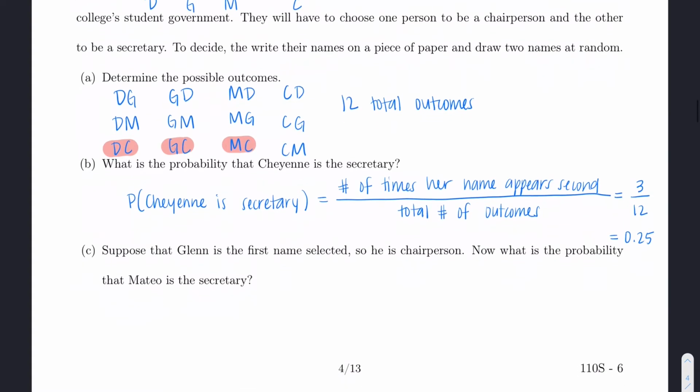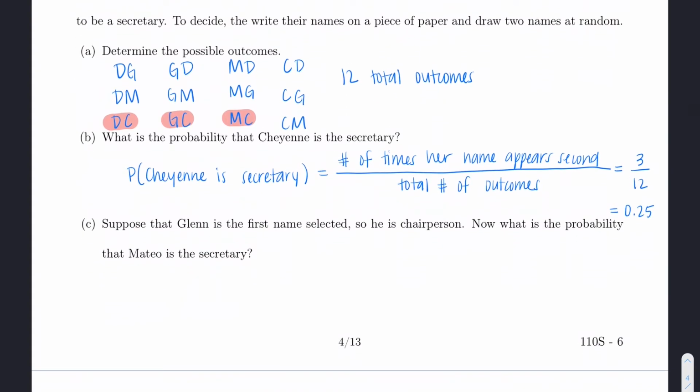Part C is asking now, suppose that Glenn is the chairperson. What's the probability that Mateo is his secretary? This is the example for conditional probability.